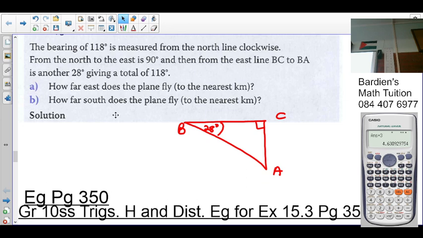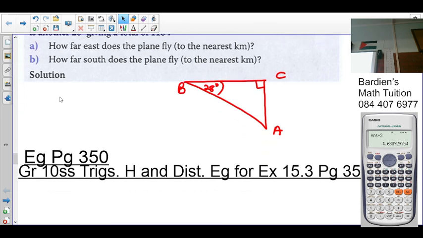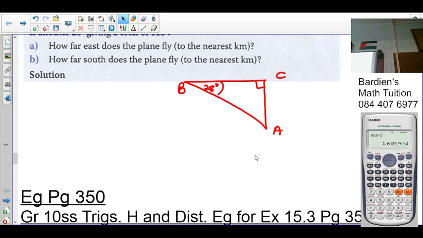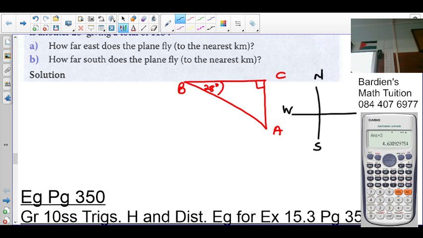The question says, how far east does the plane fly to the nearest kilometer? So if you're looking at north, south, west, east, that's how I remember it.